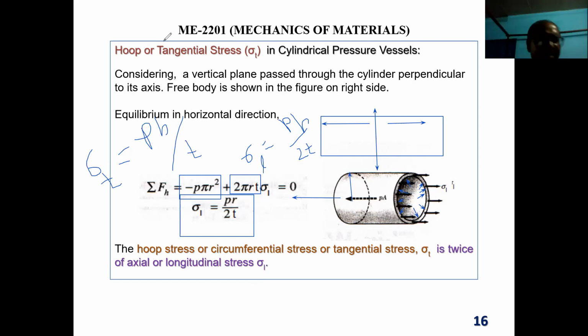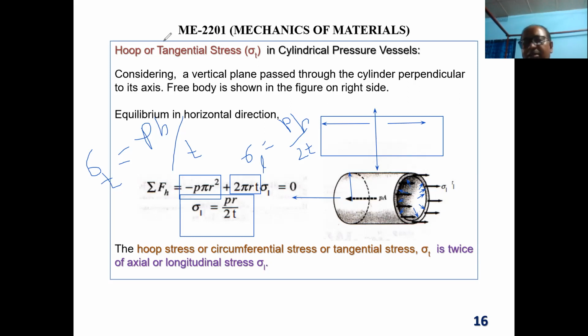Tangential one. Sigma T, tangential, right? Yes, sir. So that means if your pressure vessel survives sigma T, then you don't need to worry about sigma L. If sigma T is coming 40 ksi, your sigma L will be 20 ksi.